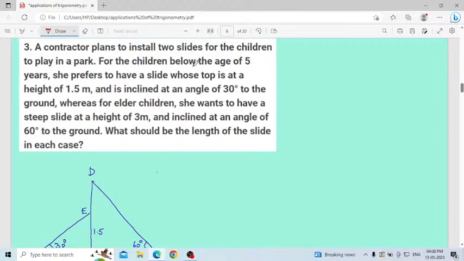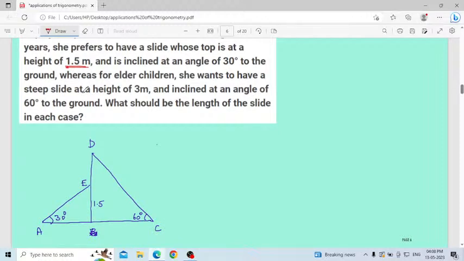for children below the age of 5 years. She prefers to have a slide whose top is at height of 1.5. Both the slides, they will be attached to each other. The smaller one will be helpful for the children below the age of 5 years. Then here they are given the angle 30 degree.